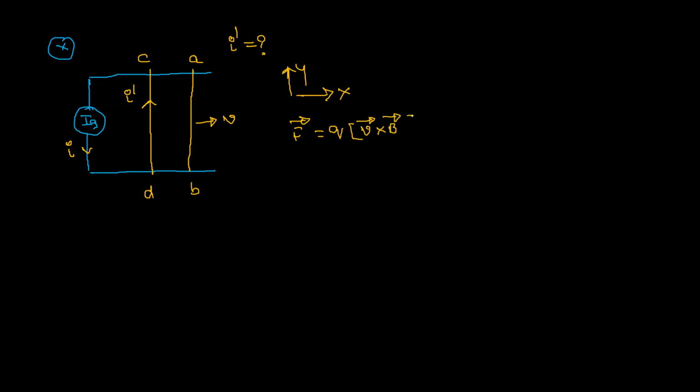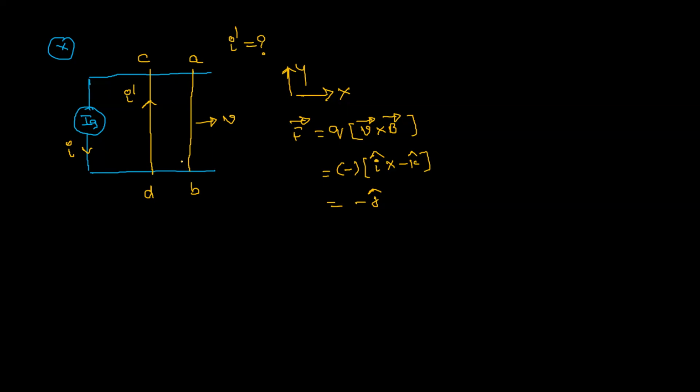Focus now on the direction: force acting on electrons in the wire AB. Electrons, negative charge, velocity direction I cap, B bar direction is into the board, minus K cap. So I cap cross minus K cap is J cap, and with the negative charge it is minus J cap. So electrons move down.